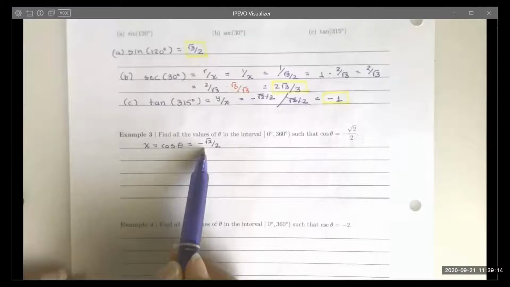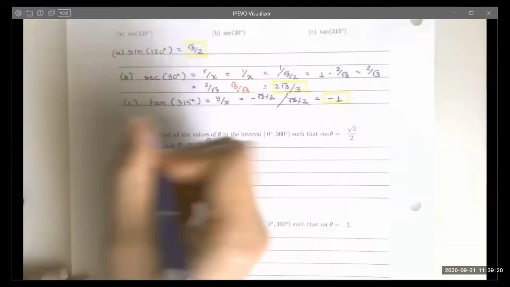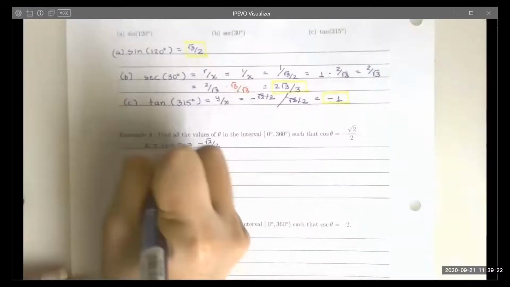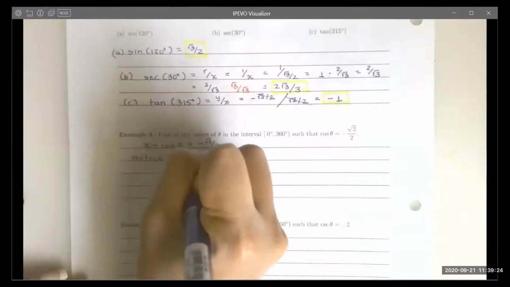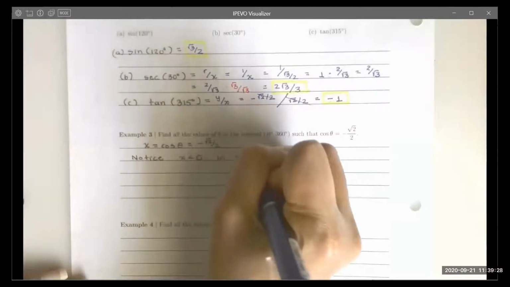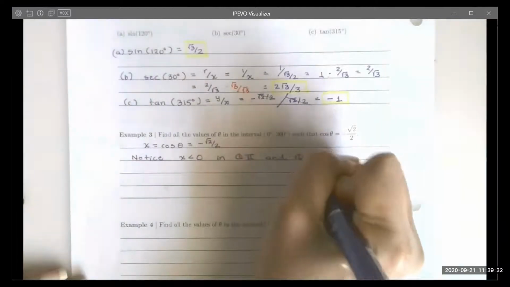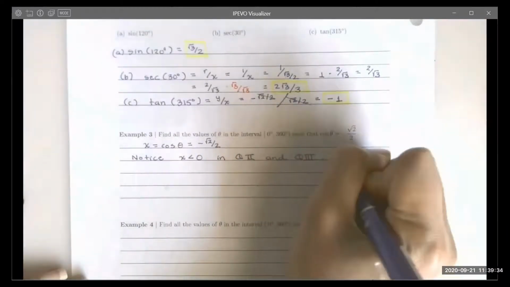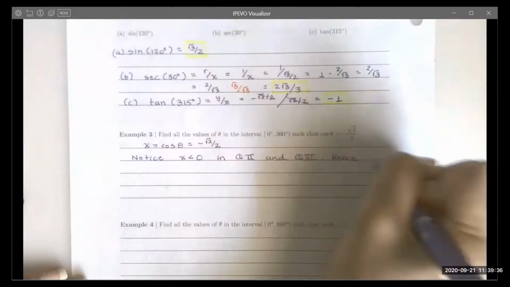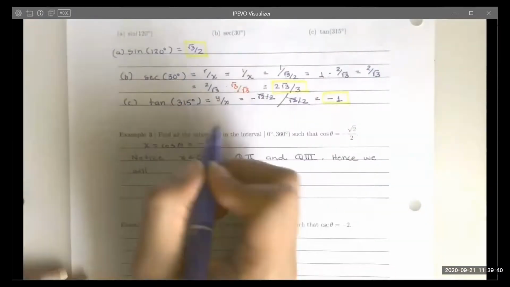Well, x is negative in quadrants number 2 and quadrant number 3. Okay, so I'll just write that as a comment. Okay, so notice x is negative, so x is less than 0 in quadrant number 2 and quadrant number 3. Hence, we will focus on the angles there.